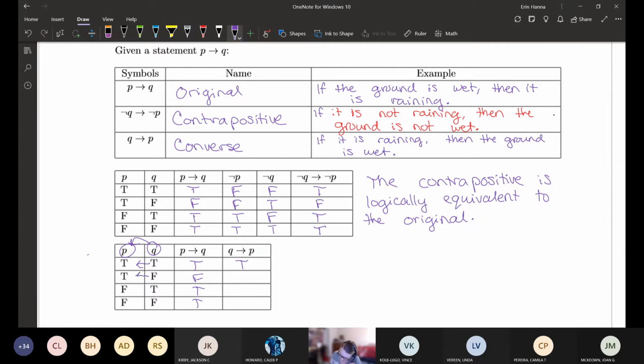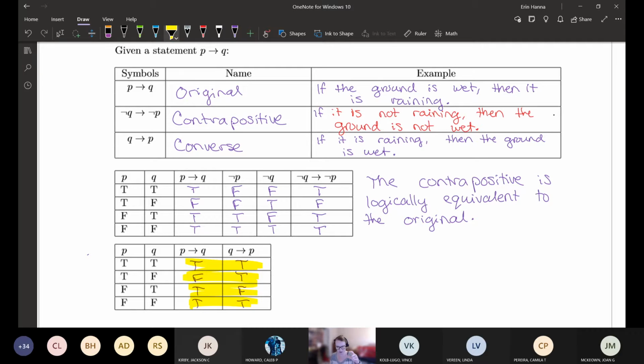A false implies true. If it starts with a false in an implication, it's vacuously true. True implies false is the only case where that implication is going to be false. False implies false is just vacuously true. Vacuously is probably not the correct word, but hopefully y'all know what I mean. So notice that these do not match up.